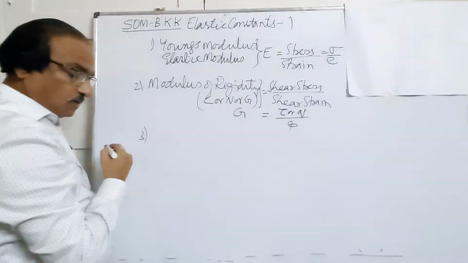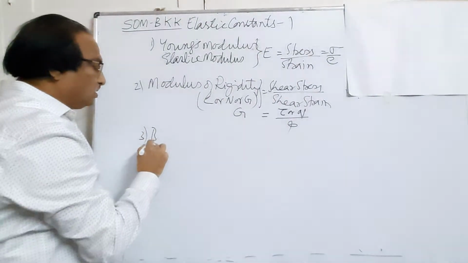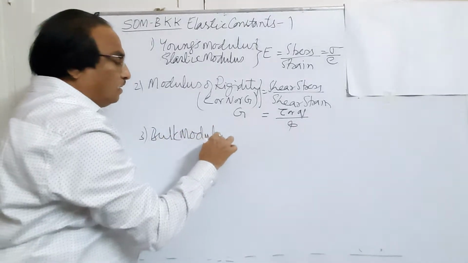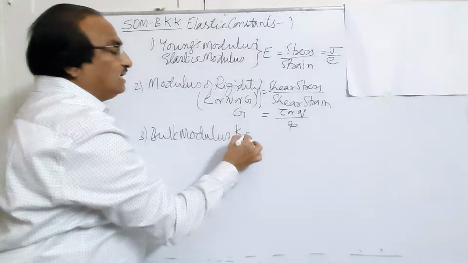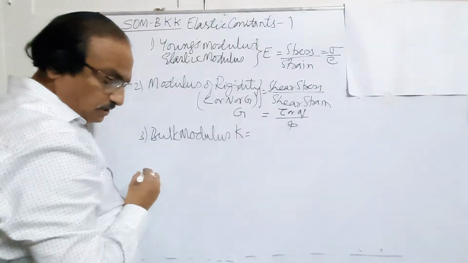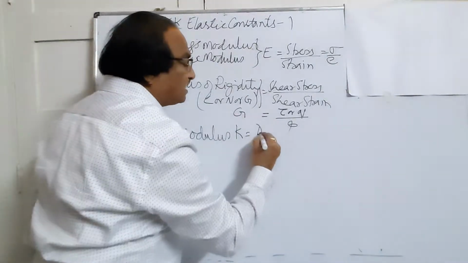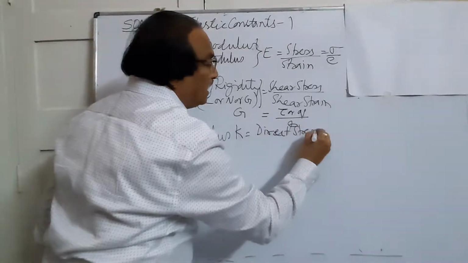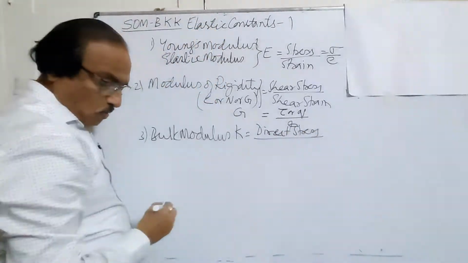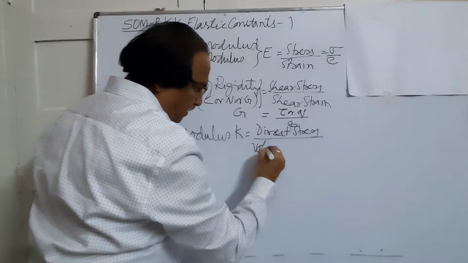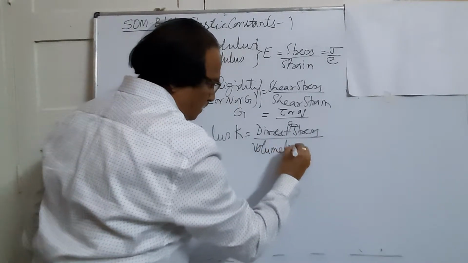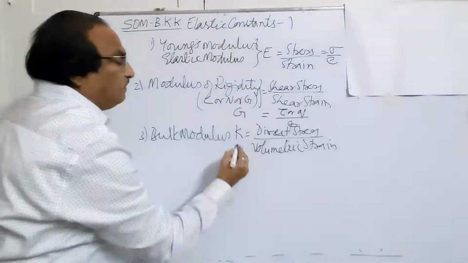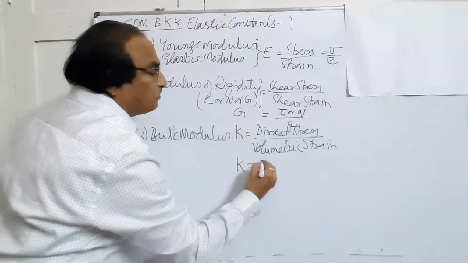So the third factor that we see is bulk modulus. Bulk modulus, we abbreviate it as K. This bulk modulus is given by direct stress to volumetric strain. Direct stress we take as sigma.